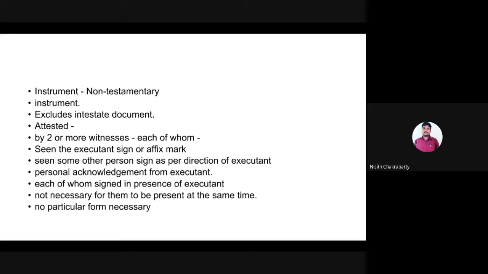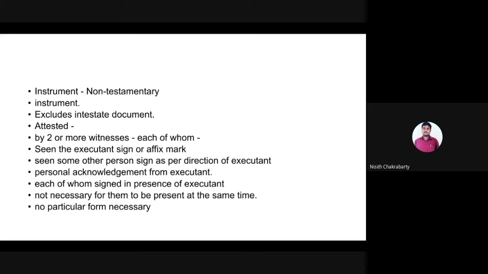It excludes the intestate documents, all the documents or instruments dealing with intestate matters, because they are governed by Hindu law, Mohammedan law, or other personal laws. In that case, they will not be included in the concept of instrument.